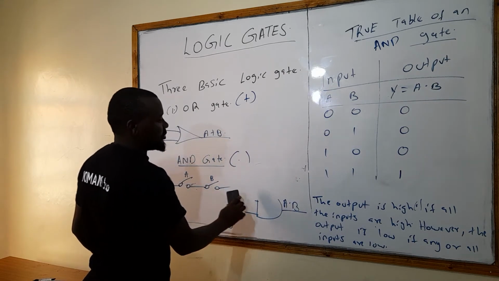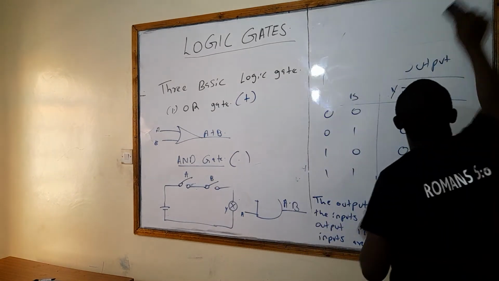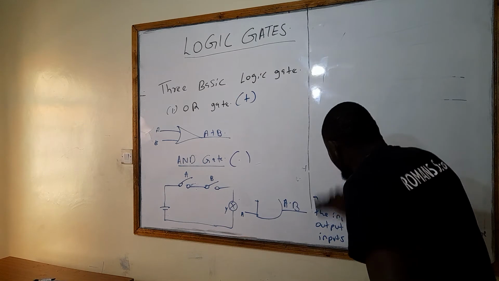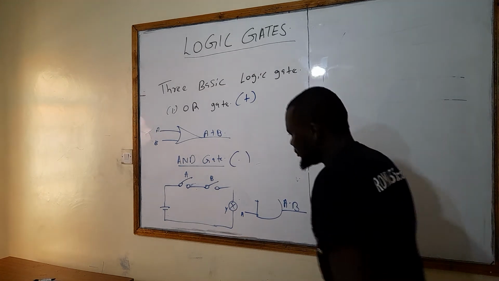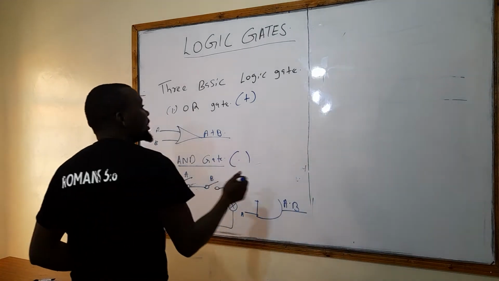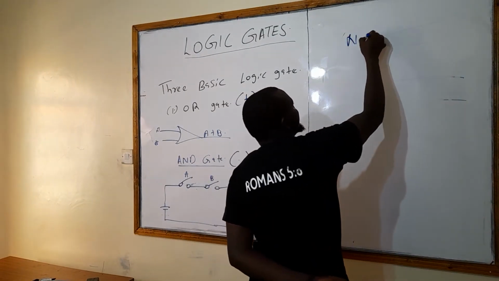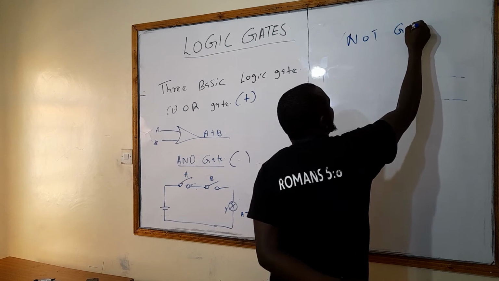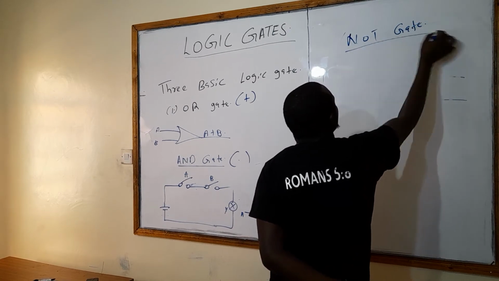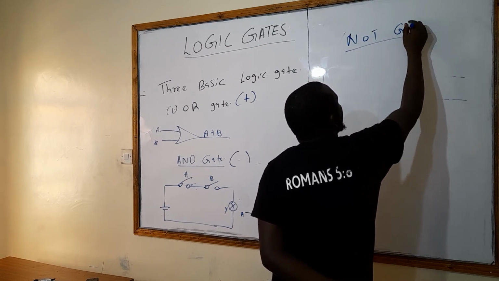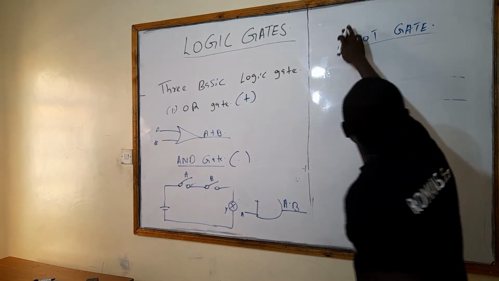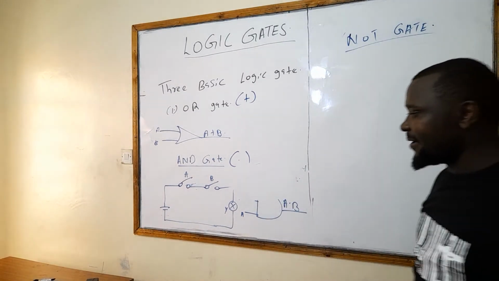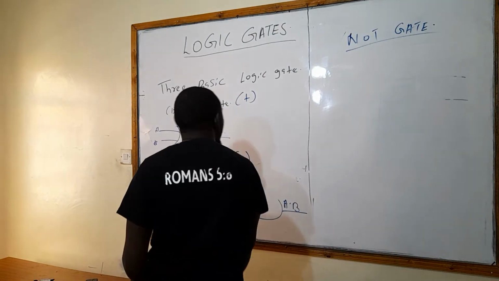Now, let's talk of the last one. You can write on this other side. The last one is the easiest. It is called a NOT gate. A NOT gate is also called an inverse gate.